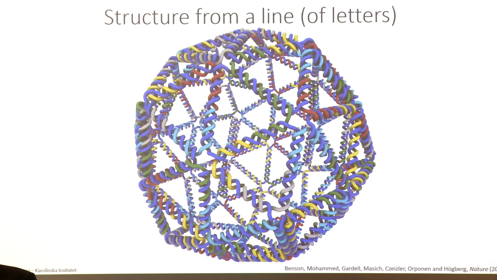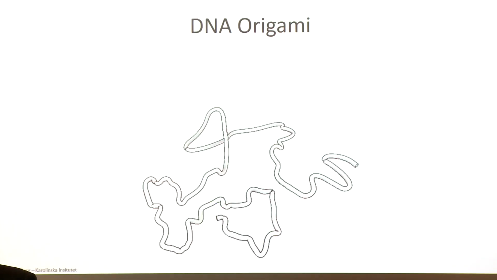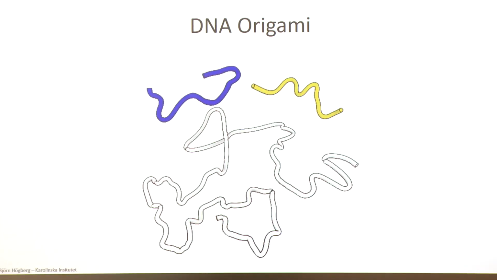So how does it work in more detail? Well, you start out by taking one long single-strand DNA molecule, and then you mix that with, like I told you, a bunch of short single-stranded DNA molecules. And these are synthetic oligonucleotides that we design.